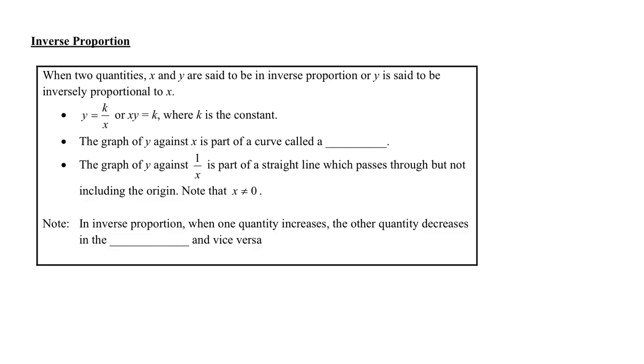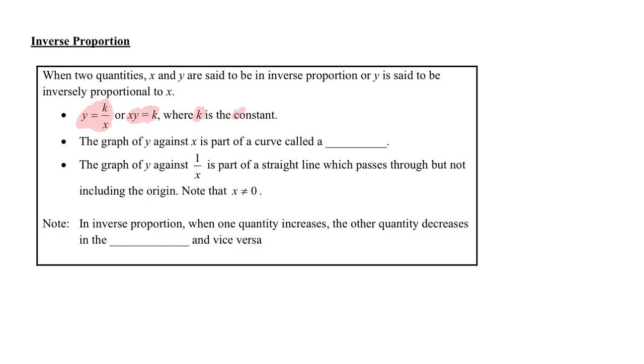First, the general equation looks like this. y is equal to k over x, or you can do some rearrangement of the terms in this equation such that x times y is equal to k.